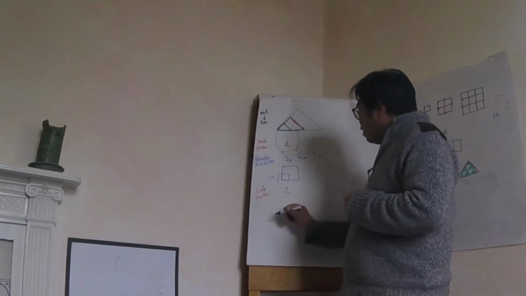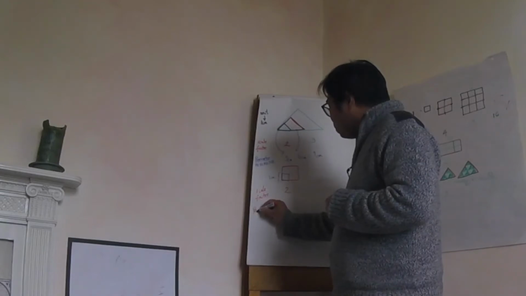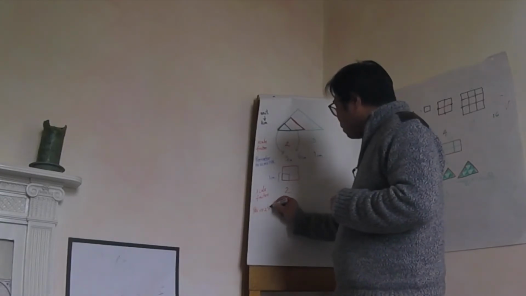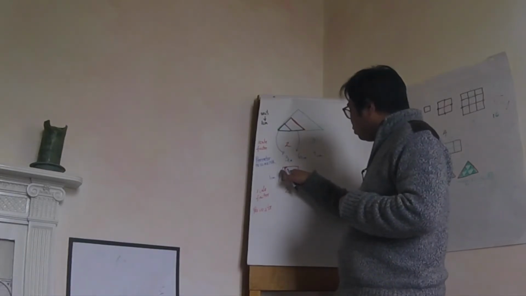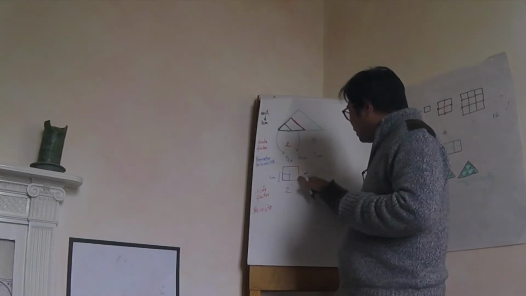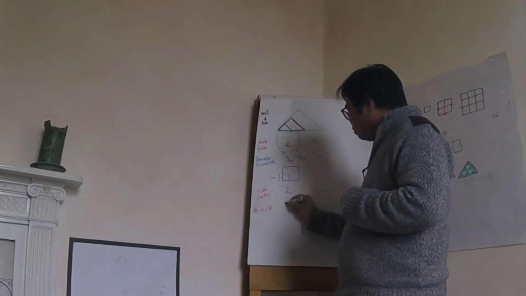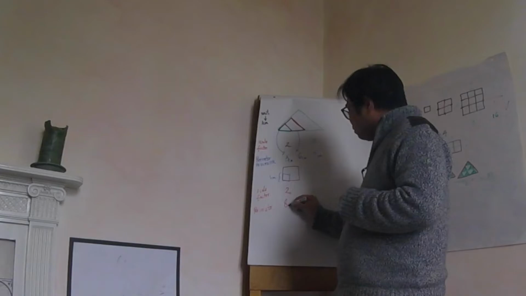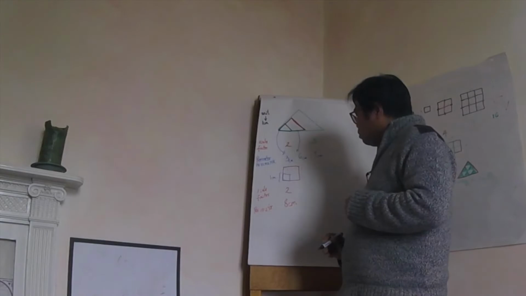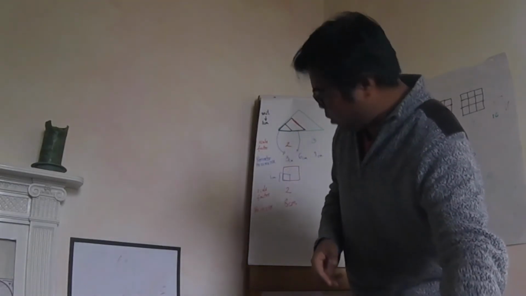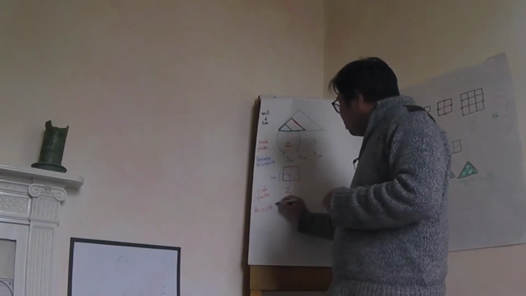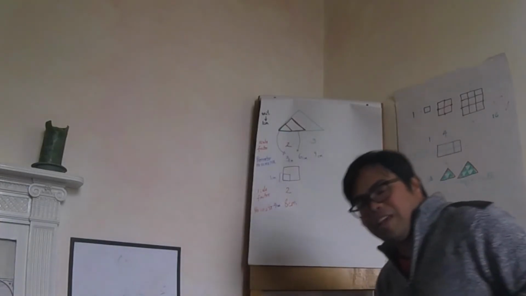So here the perimeter would be 1, 2, 3, 4, 5, 6, 7, 8. Right? If I haven't enlarged it, the perimeter would only be 4. Okay. Is that clear?